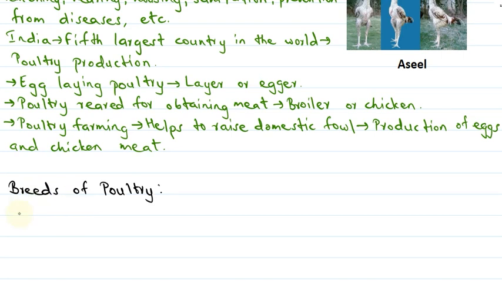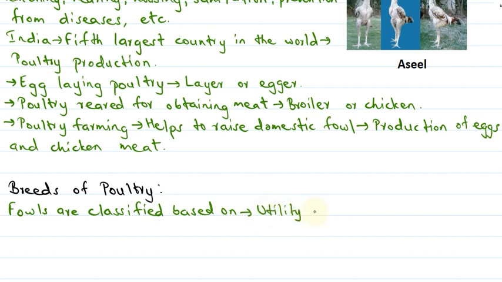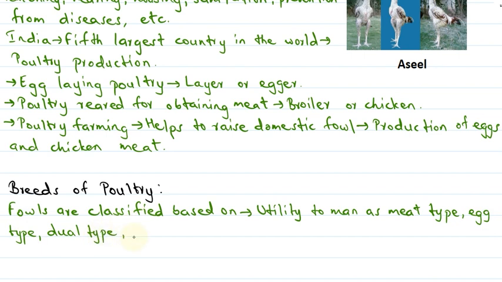These fowls are classified, and this classification is based on the utility to man: as meat type, as egg type, as dual type, games, and ornamental type. So based on these utilities, fowls are classified.